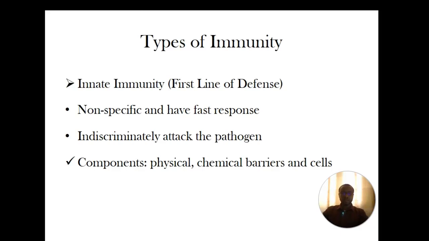There are components of this innate immunity, like physical components, which include the skin, mucous membranes, and the cilia of the nostrils or trachea, and also chemical barriers such as enzymes, complements, and different secretions, the acidic pH of the stomach, and the pH of the vagina.